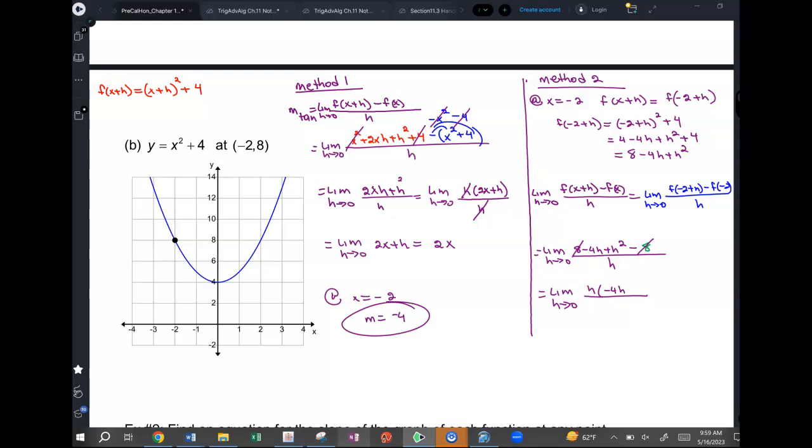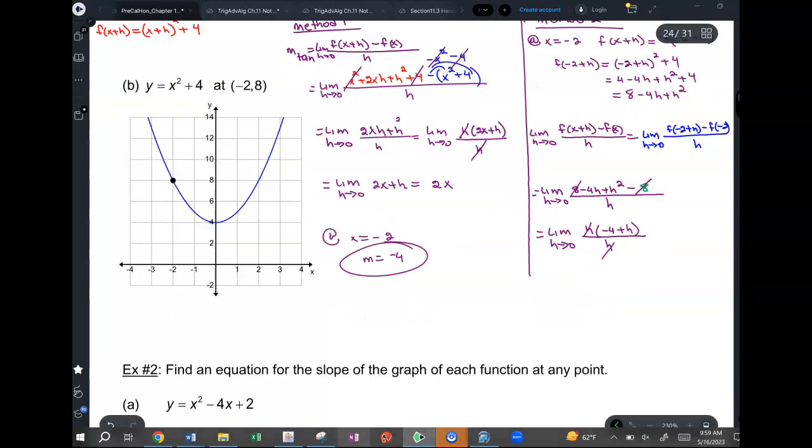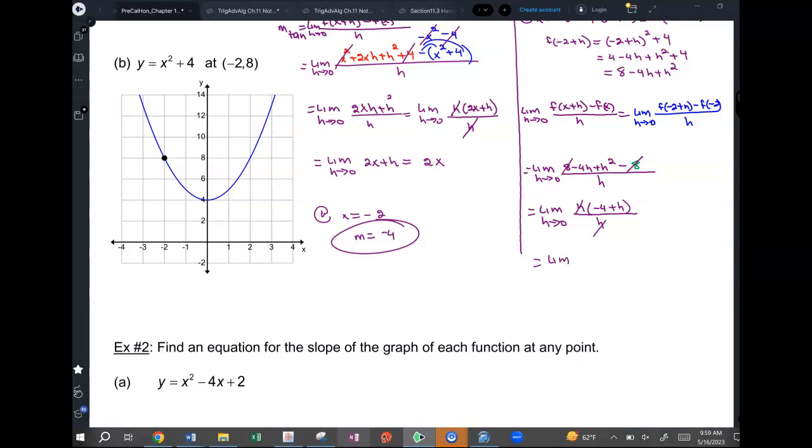You get negative 4 plus h over h. The h's cancel. So we just get the limit as h approaches 0 of negative 4 plus h. And then when h is 0, what are you left with? Negative 4. Do you see how you get left with the same number? So you can do it that way or this way. All right, let's move on.